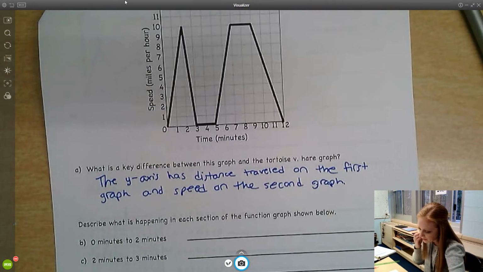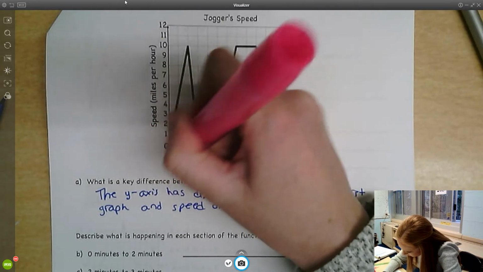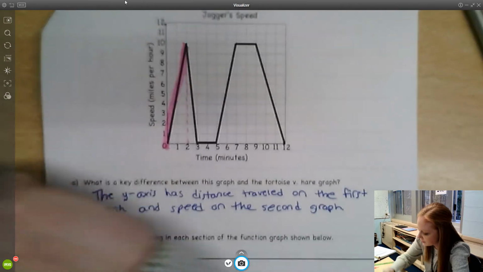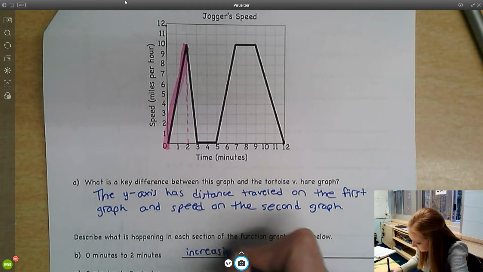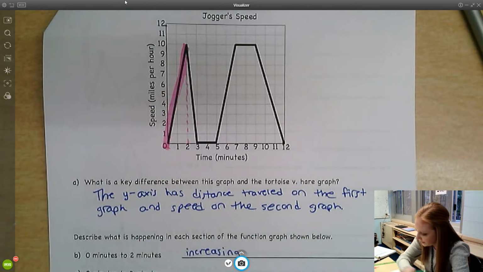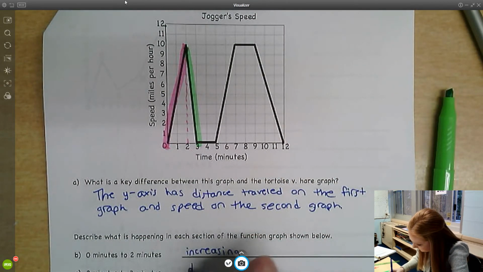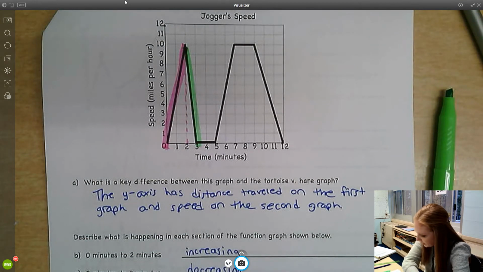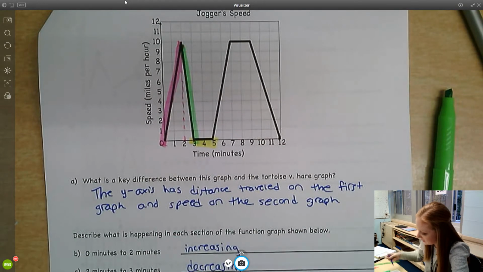All right, what is happening in each section of the function shown? Okay, so from 0 to 2 minutes. So here's 0 minutes, here's 2. So from 0 to 2 minutes, the function is increasing. From 2 to 3, decreasing. From 3 to 5, this is where we would say constant.